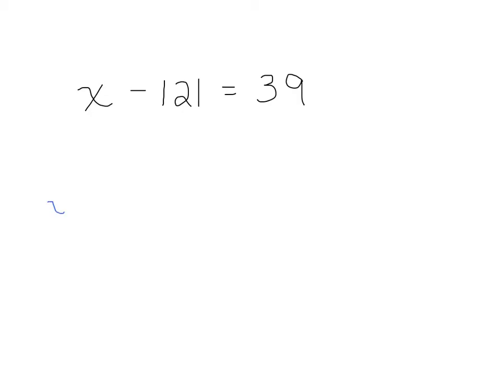Let's suppose x equals 150. What is 150 minus 121? So I've guessed. Now I'm going to check. 150 minus 121 would be 29. Does 29 equal 39? No, it doesn't. So let's go back and revise our guess.